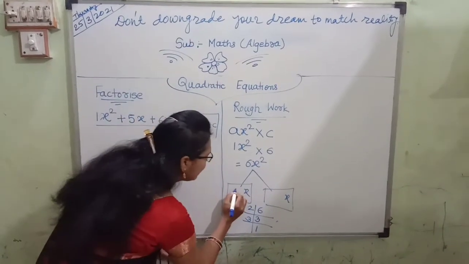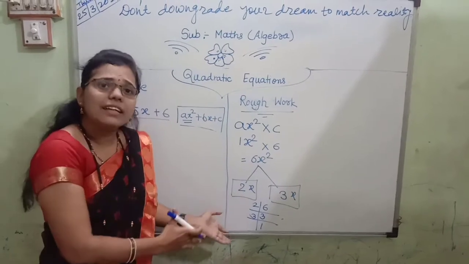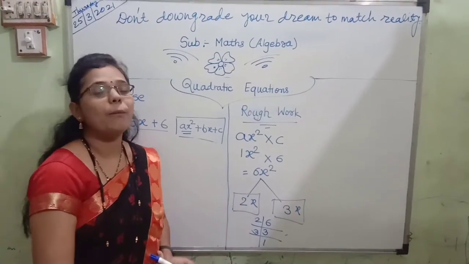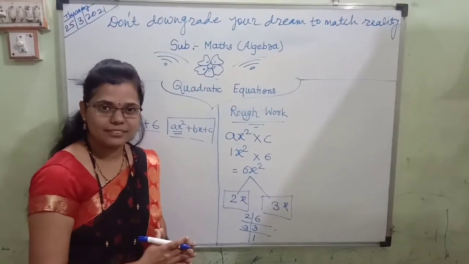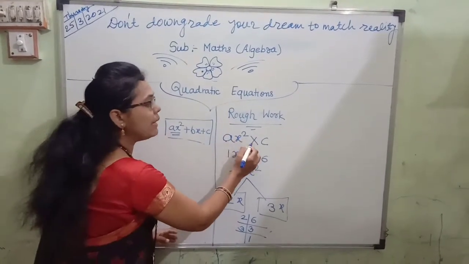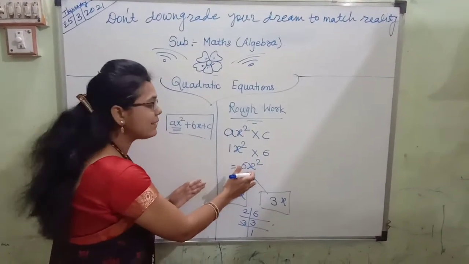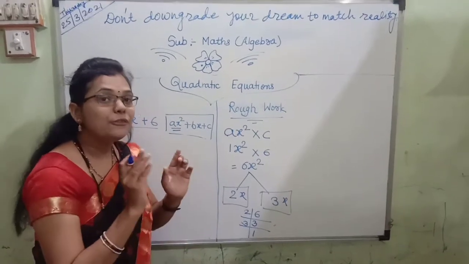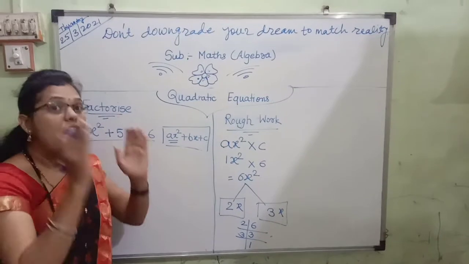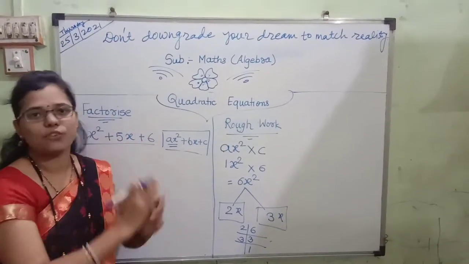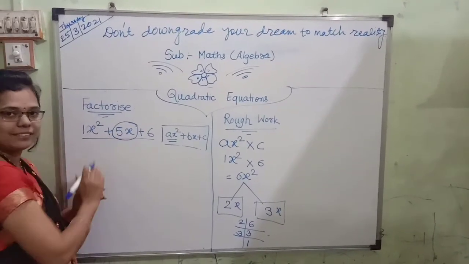Okay. So see children, if here I wrote 2 and here I wrote 3, is it correct? No my dear children. Whenever I prepare the factors of ax square multiply c, which is 1x square times 6, becoming 6x square, at that time I should not leave the 5x as it is. I should keep focus on it. This middle term is 5x.